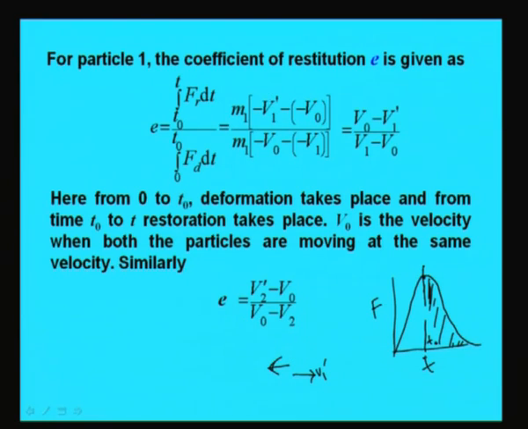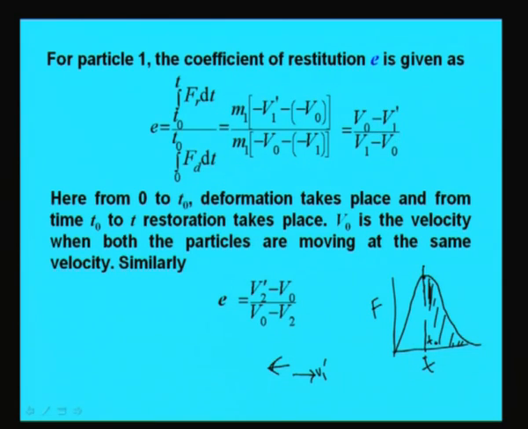So to be consistent, we will take this as minus V1 prime. Therefore the change in momentum is M1 times (minus V1 prime minus V0), which equals the integral from 0 to T0 of Fd dt, that is M1 times (V1 minus V0). So E equals (V0 minus V1 prime) divided by (V1 minus V0).